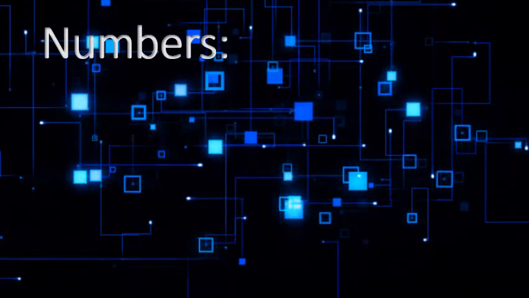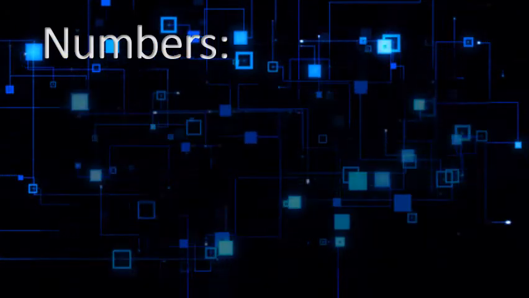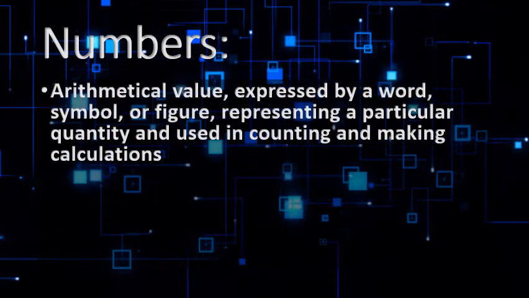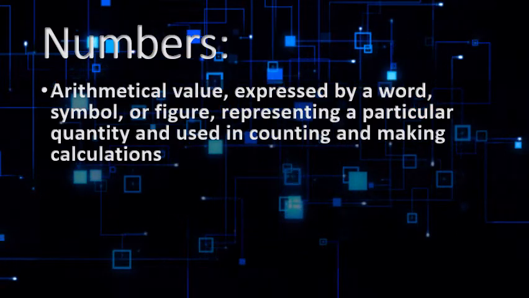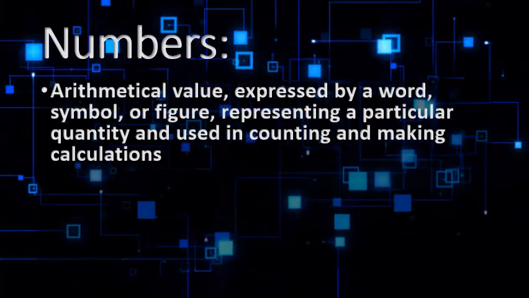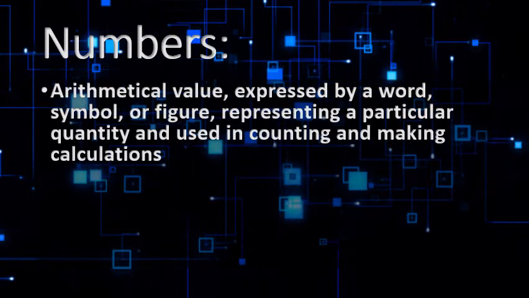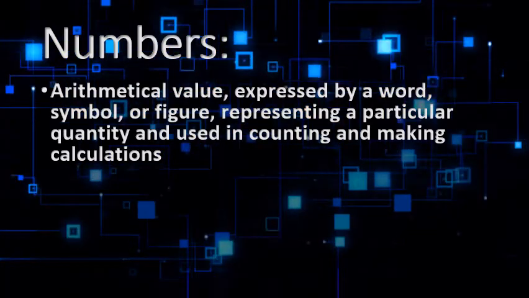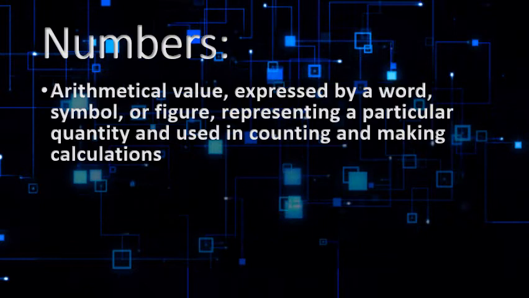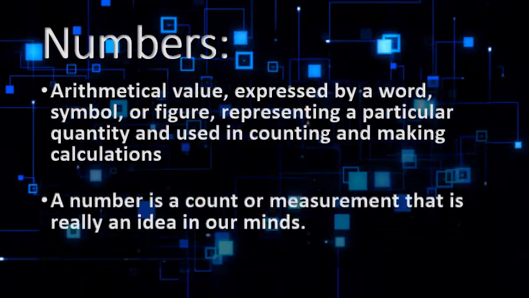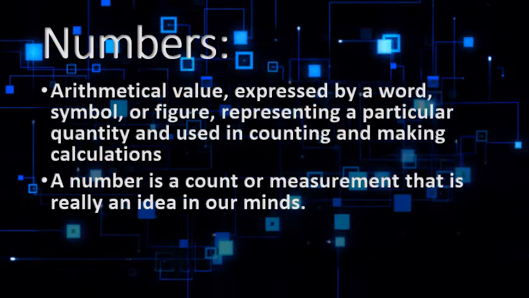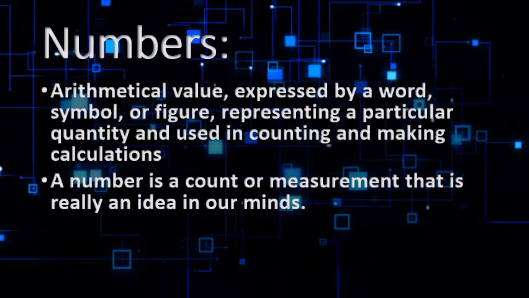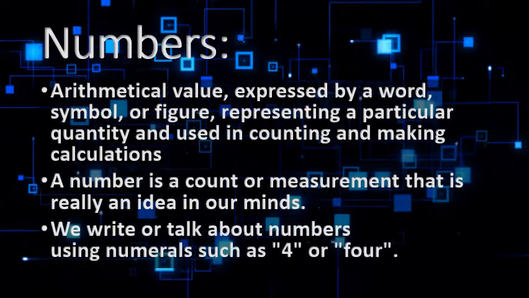If we talk about numbers, so numbers are basically arithmetic values expressed by a word, symbol, or a figure representing a particular quantity and used in counting and making calculations. A number is basically a count or measurement that is really an idea in our minds.